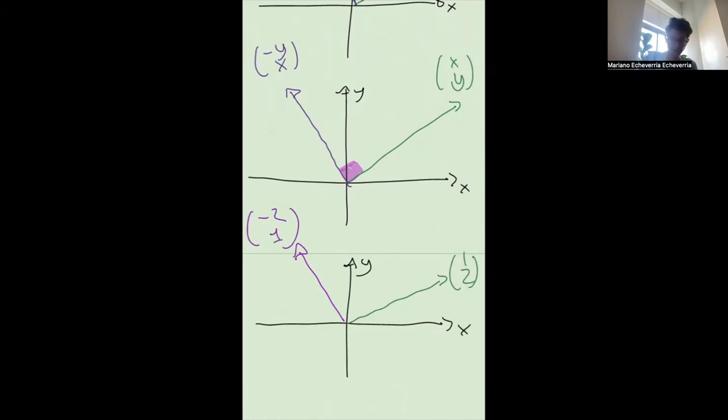So the horizontal, or x, coordinate of this new vector is negative 2, and the vertical coordinate is 1. In terms of the numbers, they come from the previous vector, but the convention is that the one that goes here is always the x coordinate. It just happens that the x coordinate of this one is the minus y coordinate of the previous one, but that's okay.